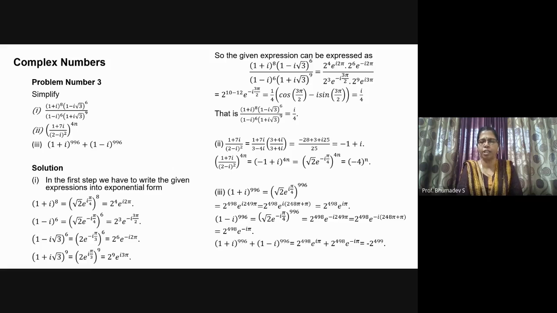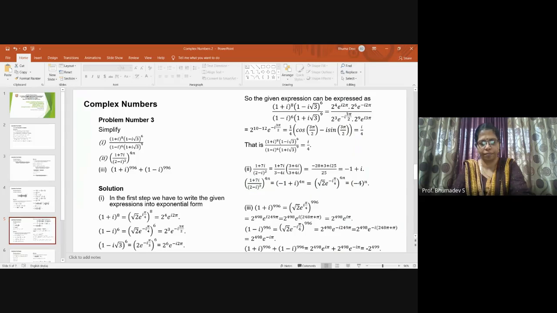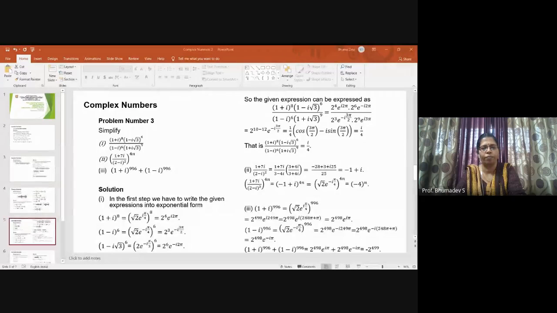Cos pi is minus 1, so a negative sign. 2 is there, so 2 to the power of 499 with the negative sign is the final answer. For the third subdivision, the simplified answer is minus 2 to the power of 499. So this is all about the applications of De Moivre's theorem.